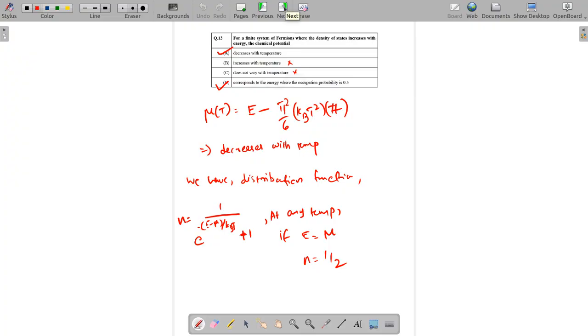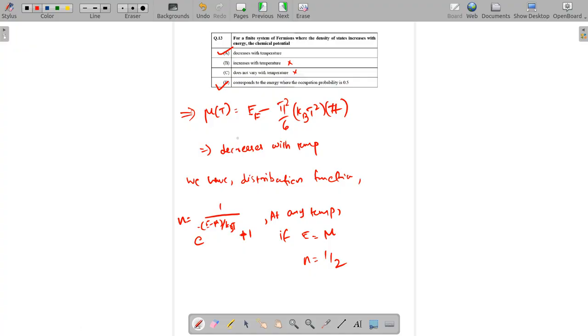Okay. So next, for a finite system of fermions where the density of states increases with energy, the chemical potential. Okay, again, to choose which of them are right. So this is actually a relation for fermions. The chemical potential at a finite temperature T is given by E_F, where E_F is the Fermi energy, minus pi squared by 6 (k_B T) squared.